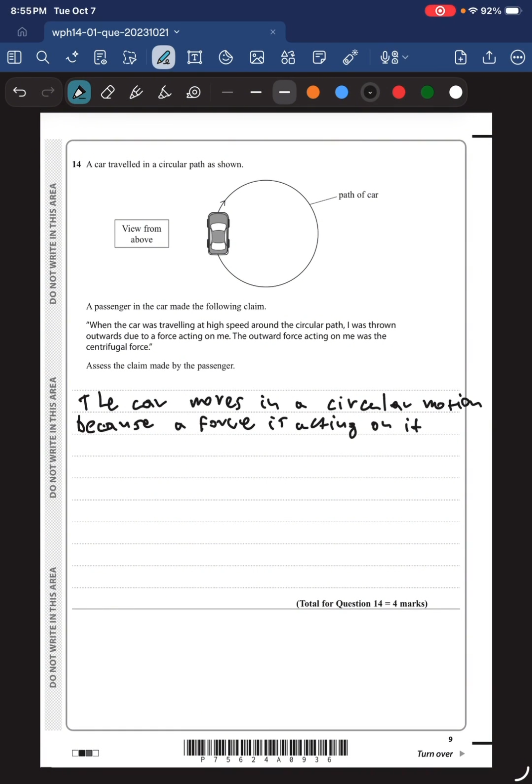If the force was not acting on it, it would move in a straight line. Okay, the force is inwards and plays the role of the centripetal force.